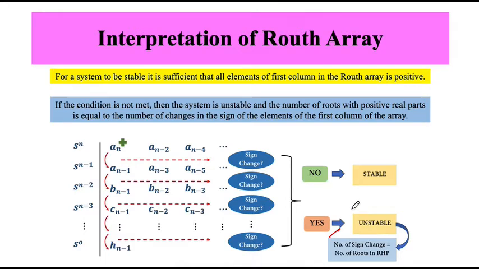When the answer is no, then I can conclude that the system is stable. And if there are sign changes, and the answer is yes, I can say that the system is unstable. And the number of times the sign changes is equal to the number of roots on the right half plane.